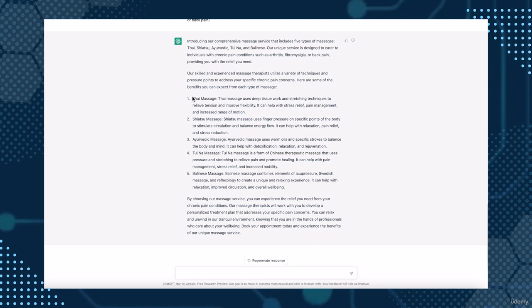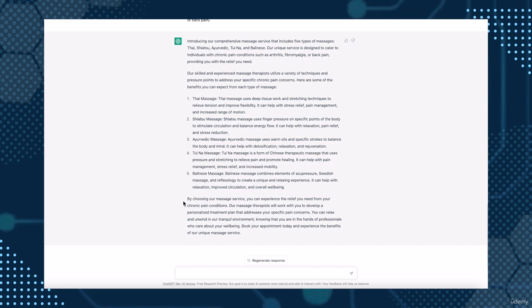And then here it lists the different types of massages, and as you can see, it actually goes in and describes each massage. So it does stress relief and pain management and increases range of motion, and it's like a deep tissue massage with stretching involved. All of these massages have their own specific healing points and description, and it's exactly what people want to see when they're looking at a product description.